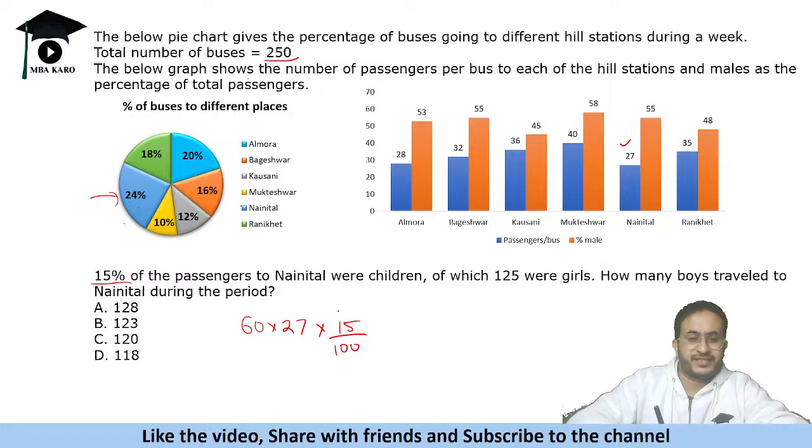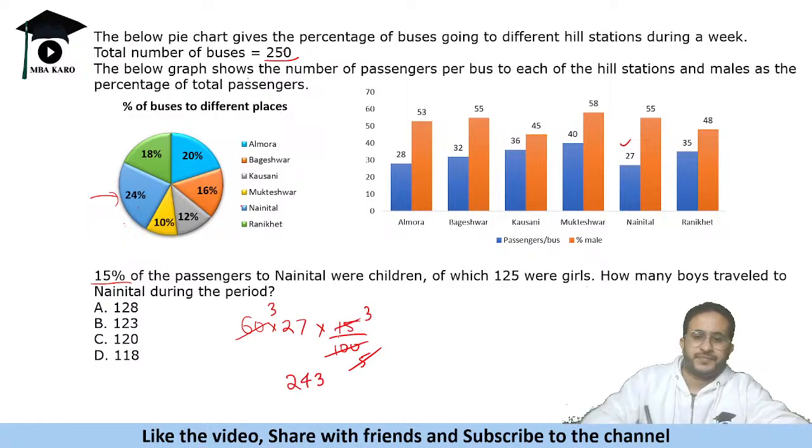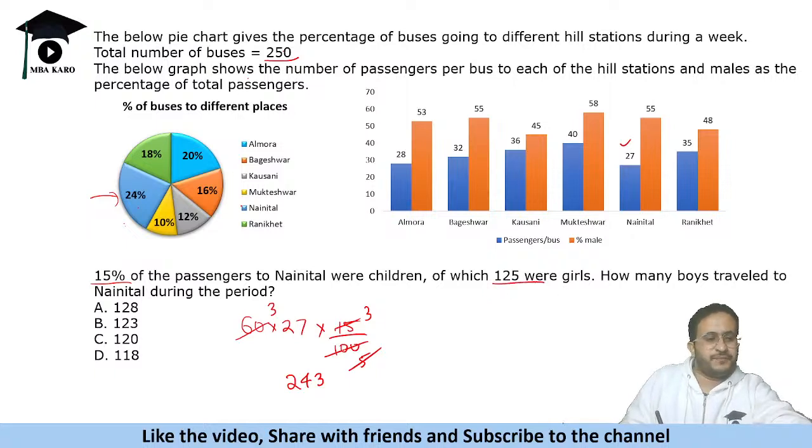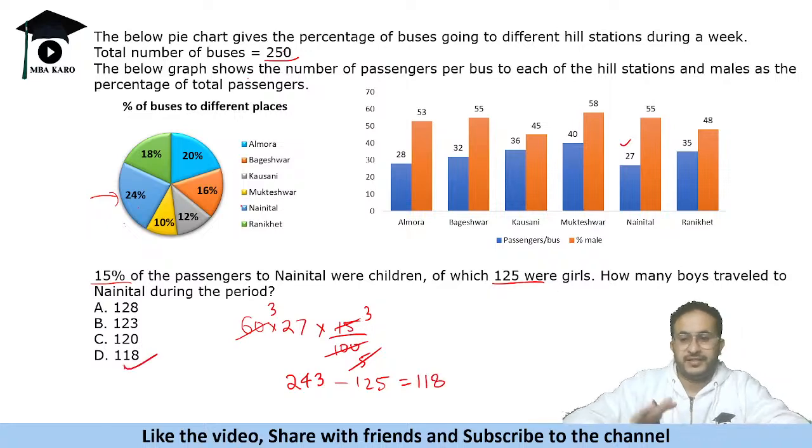It's 24% of 250 is 60, 27 buses and 15 by 100. So this is the number of children. This is 3 by 5, 27 into 9, you would have got 243 and 125 girls. So you subtract 125, you get 118. So you get the answer 118. This is the answer.